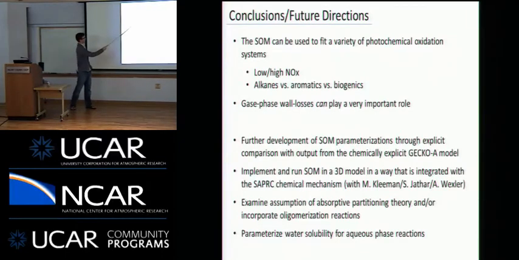Gas phase wall losses can play a very important role. Again, I showed an extreme example, but a lot of systems do show the same thing, and it really depends on how you run your chamber and the nature of the experiments that you do. But you can start to explore that if you include these types of things in your fitting exercise.